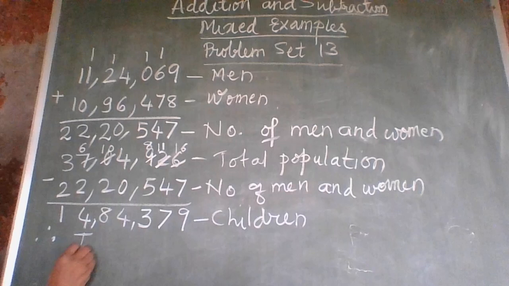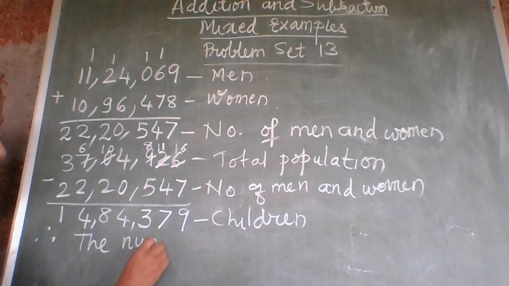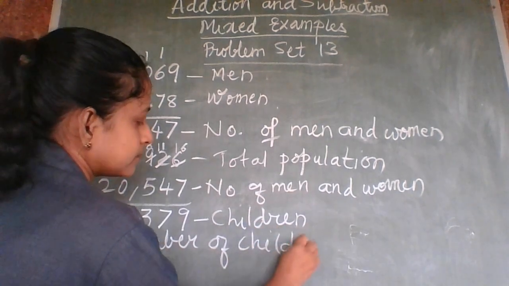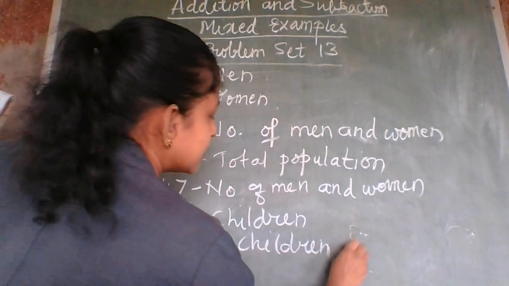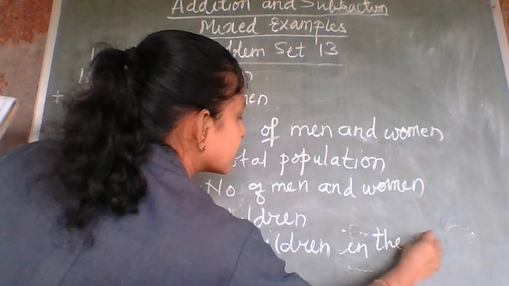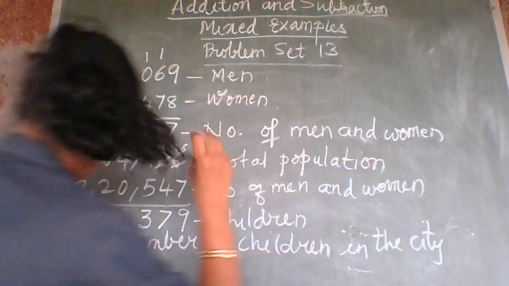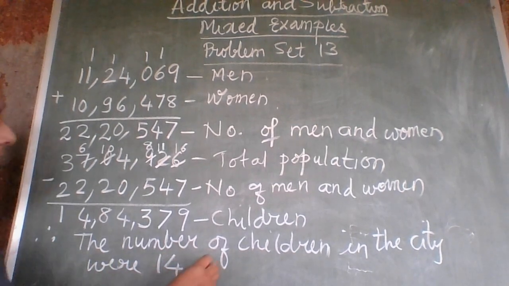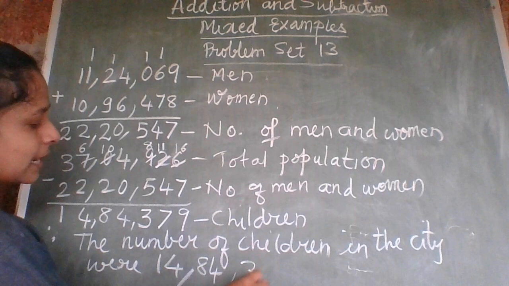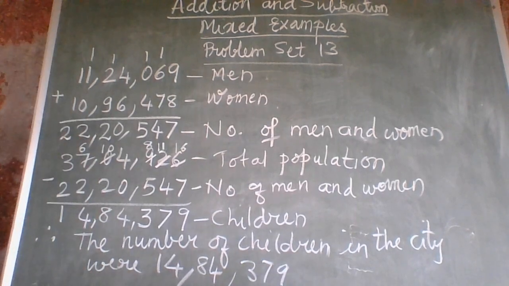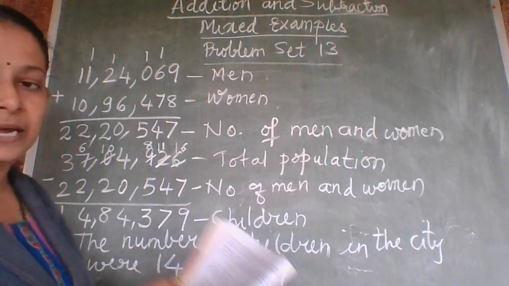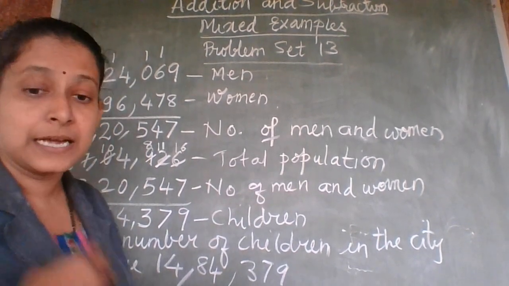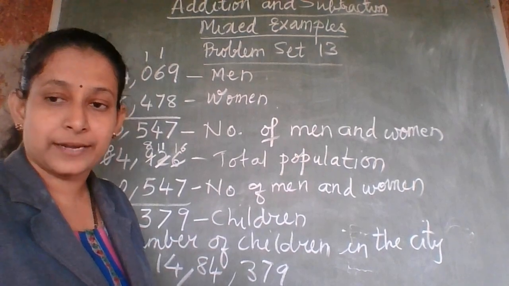The number of children in the city were 14,84,379. Okay students, so these were the number of children in that particular city. So this is your second question. Now we will go for the third one.